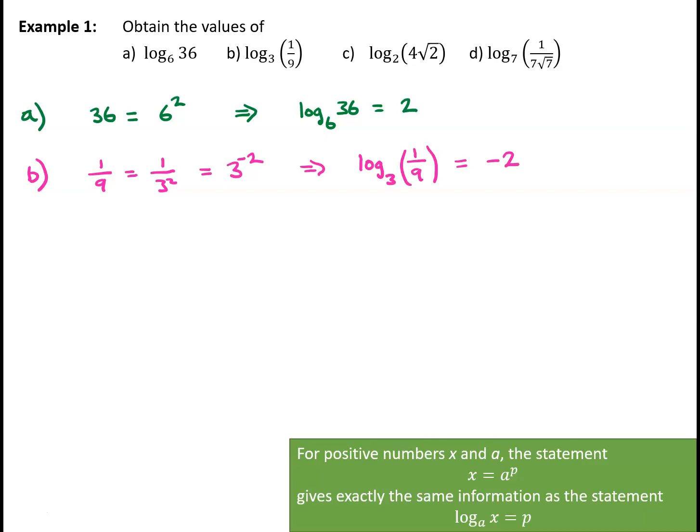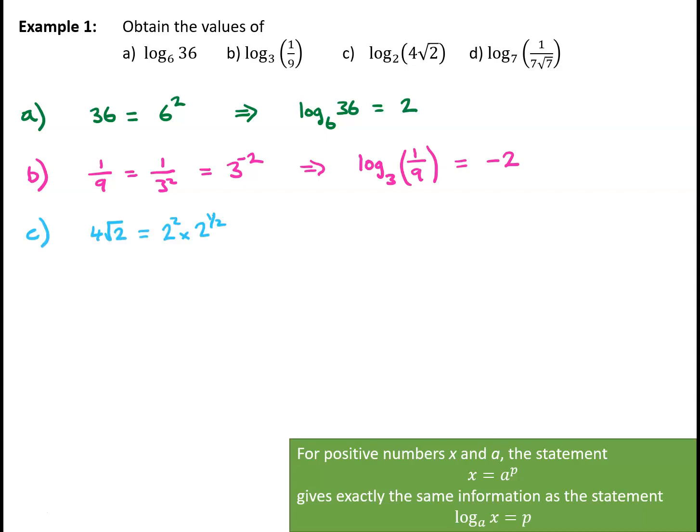For part C, I need to find log to base 2 of 4 root 2. Now I know 4 is the same thing as 2 squared. I know that root 2 is the same thing as 2 to the power of half.